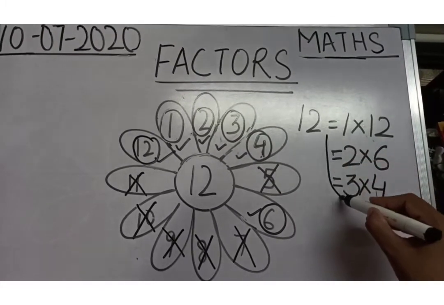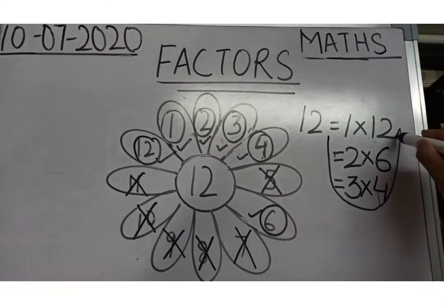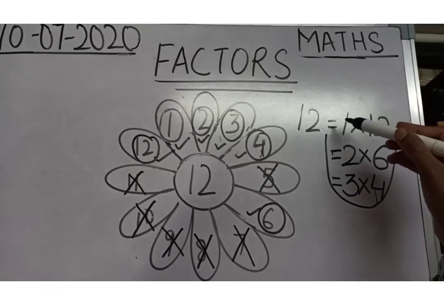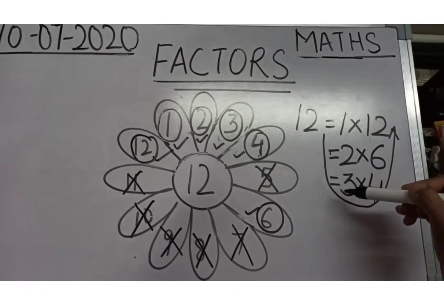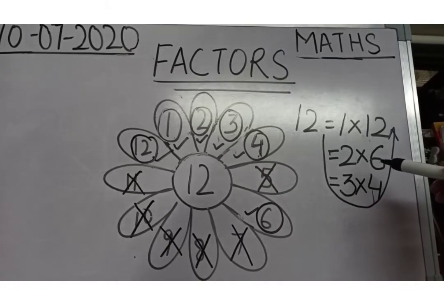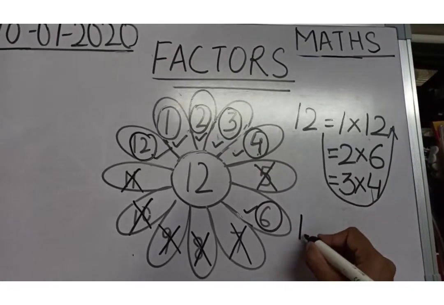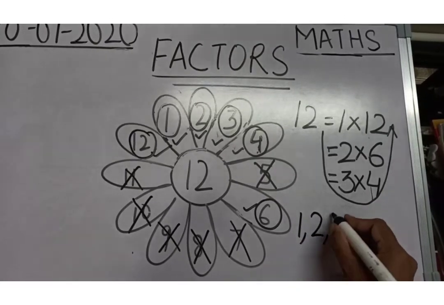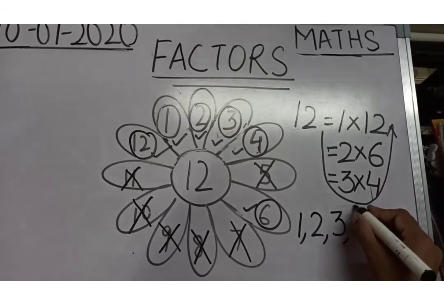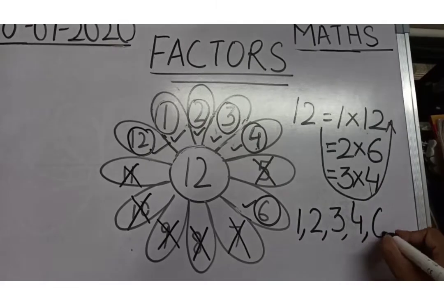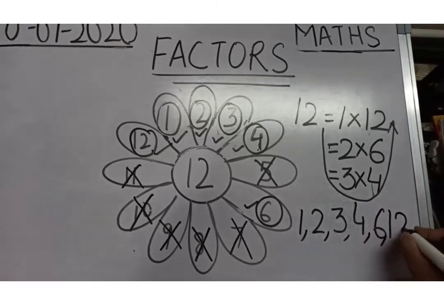Read it in the method of U shape. Means 1, 2, 3, 4, 6, 12. It will be in ascending order: 1, 2, 3, 4, 6 and 12.